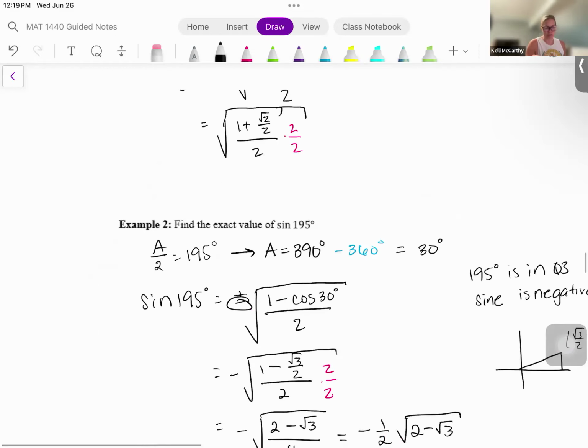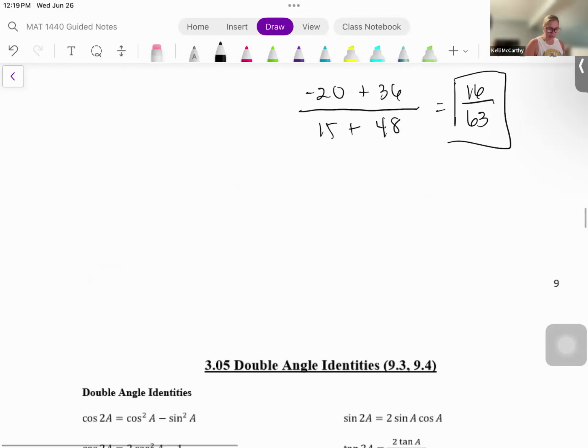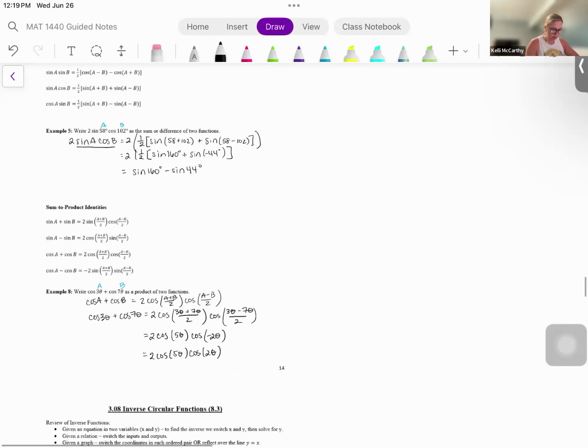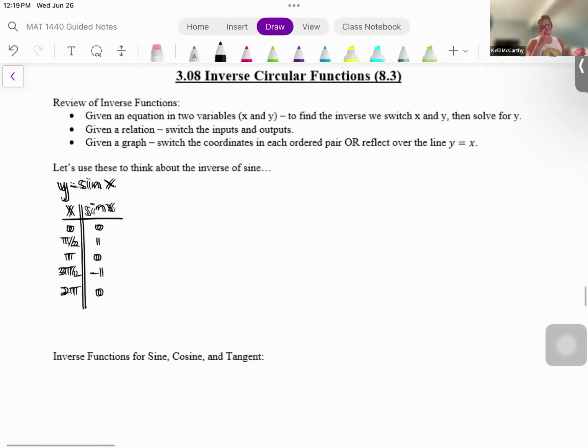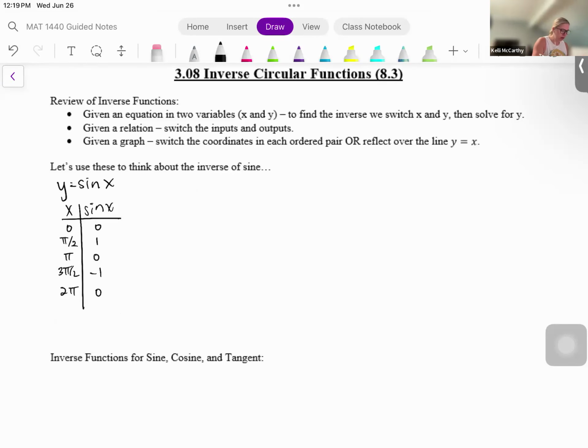And we can use these landmark points to graph this function. So this is just a quick review of graphing this function. We've practiced this a lot up to this point.